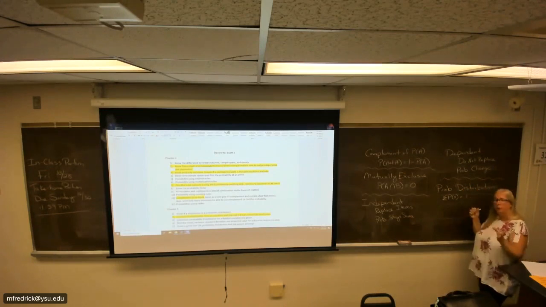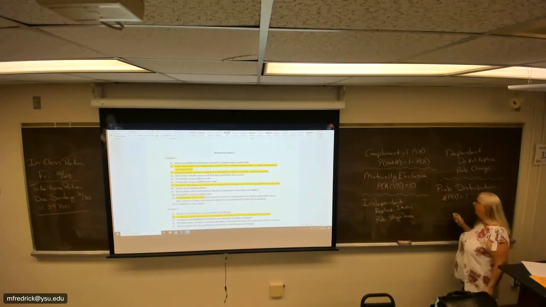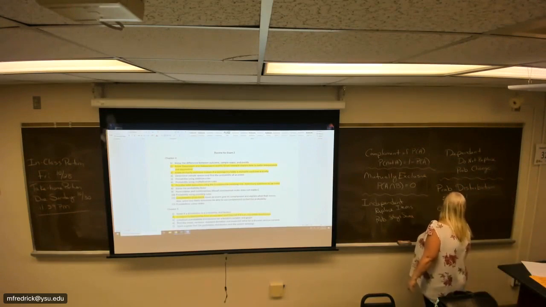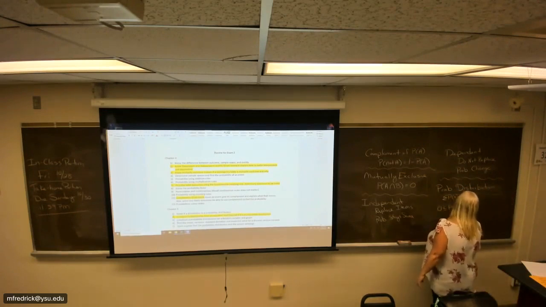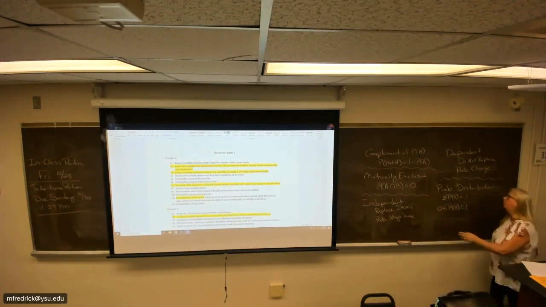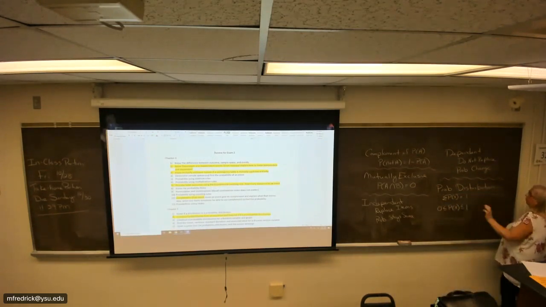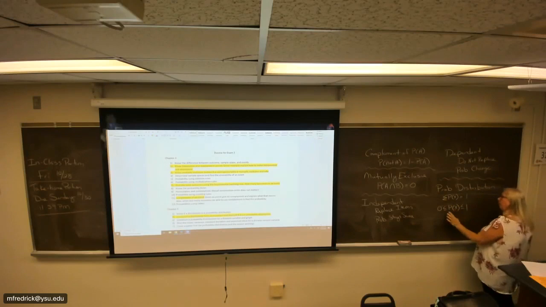And each probability has to be between what two numbers? And it can equal it. 0 less than or equal to each probability less than or equal to 1. So when you're checking a probability distribution, add up your probability row and it needs to add to 1. And every probability has to be between 0 and 1.